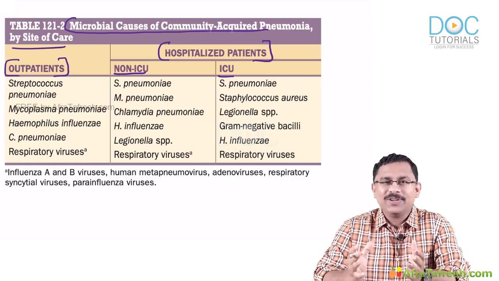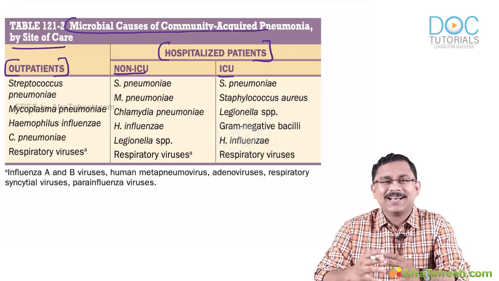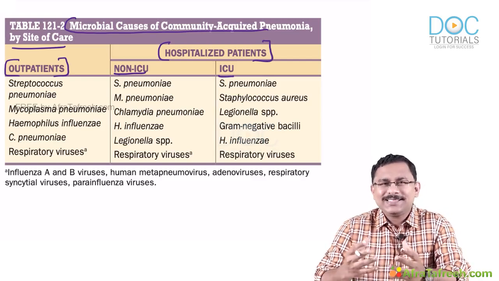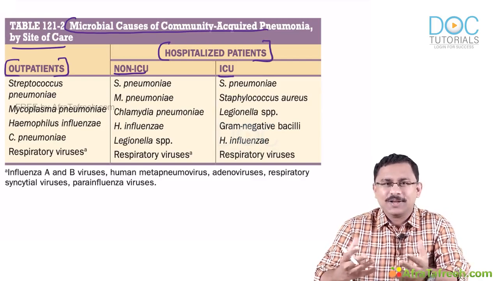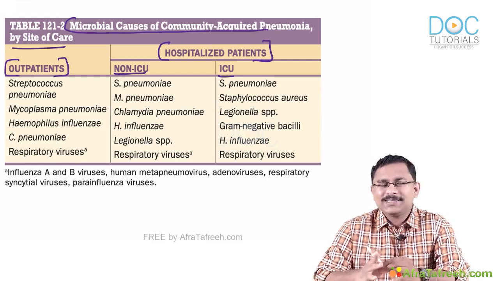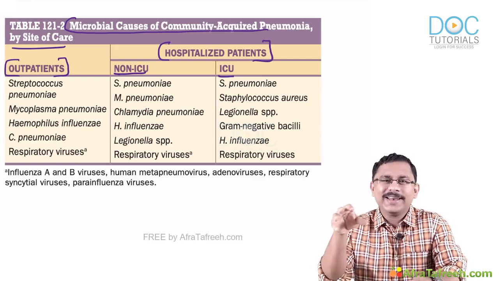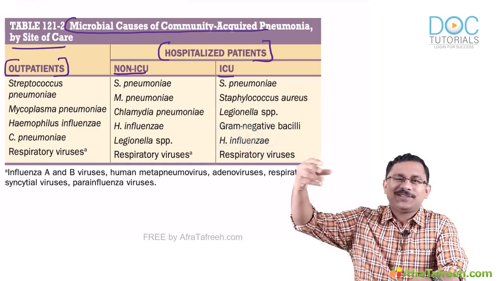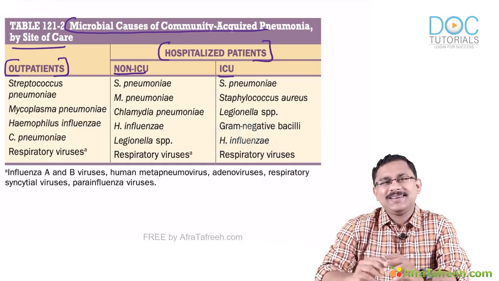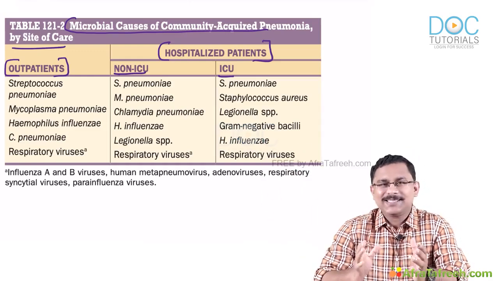So it is quite obvious that when you have such a classification, the basis must be based on the virulence of the organism, which means the more virulent an organism is, he is likely to take the patient to the ICU, correct? So let's have that subdivision first.